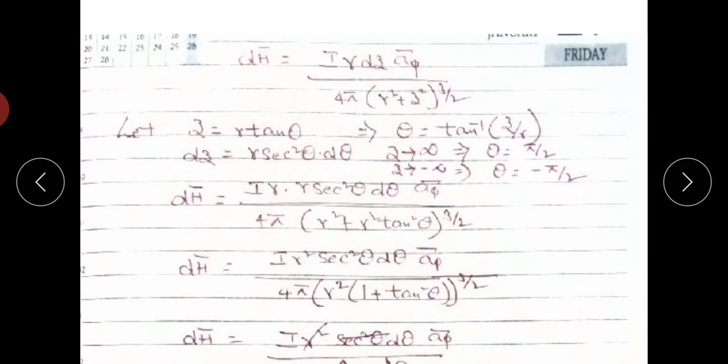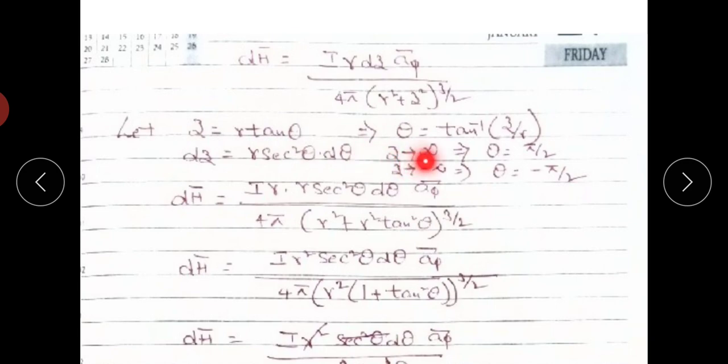So in order to simplify this equation, let Z equals to R into tan theta. Next, by differentiating Z expression, dz equals to R into secant square theta into d theta. Here the conductor lies on Z axis from minus infinity to plus infinity, so integration limits minus infinity to plus infinity. So convert the limits in terms of theta.